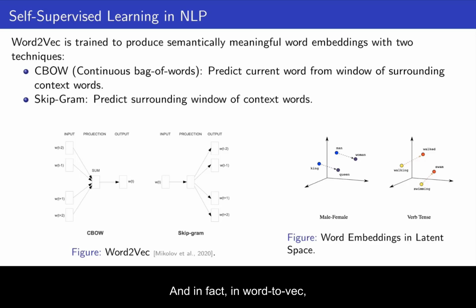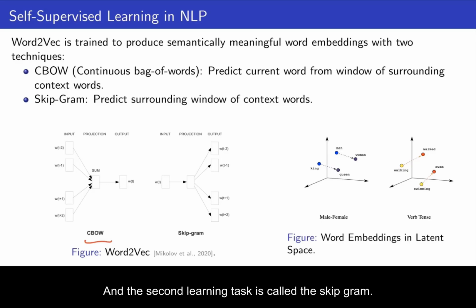In fact, in word2vec, the network is trained with two supervised learning tasks. The first task is called CBOW, or continuous bag of words, which means that the network is trained to predict the current word from a window of surrounding words which is retrieved from a sentence.